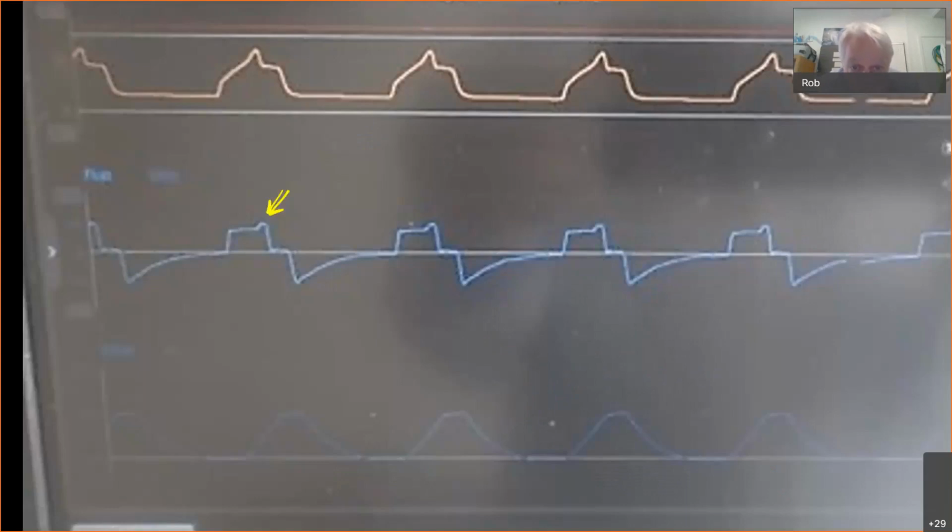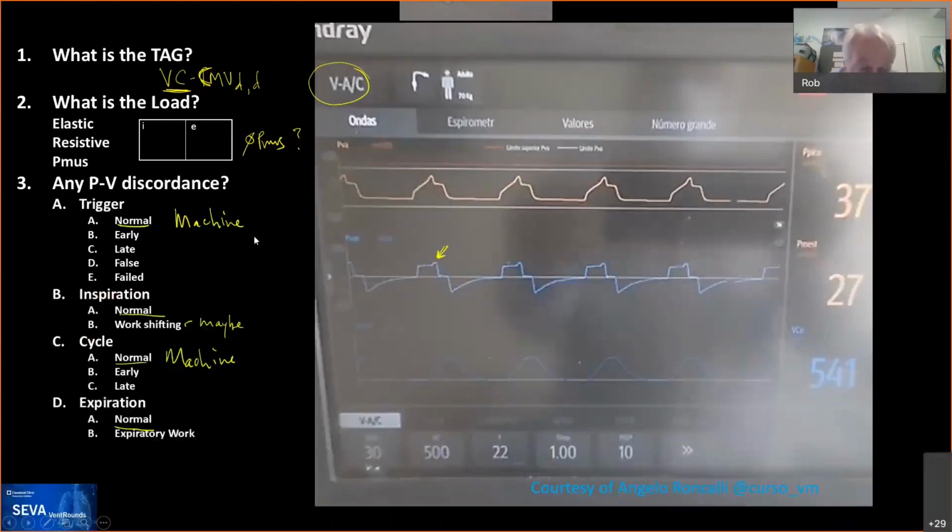So I suggest that this is indeed dual targeting with a small, sort of reverse trigger kind of inspiratory effort. So you would probably call this an early trigger. It just gives a very small flow augmentation and then immediately goes into an inspiratory hold without any distortion. So I think it's just a small effort that happens right in the middle, apparently.